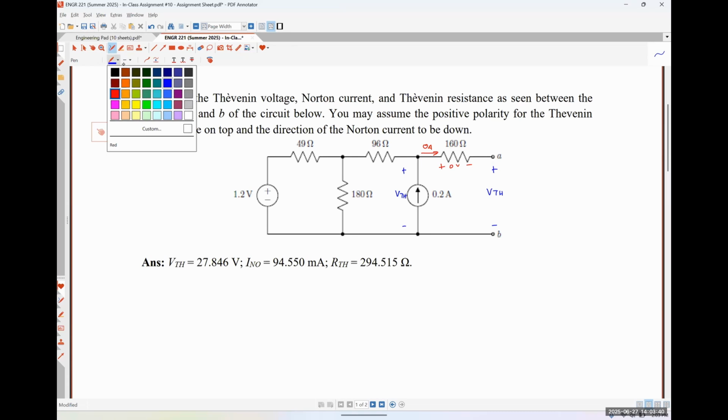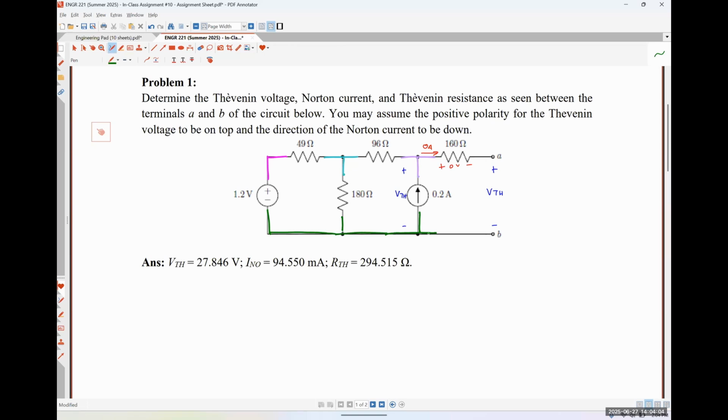So I'm going to just identify my nodes real quick. Let me do this guy right here, this guy right here, this guy right here, and then we'll do green on bottom. And I'm going to choose that bottom node as my ground node.